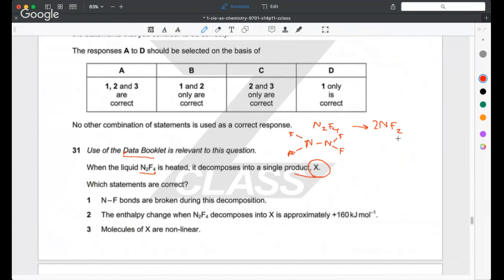There's only one thing being formed there. If you look at that, the bond that's being broken is the bond between the 2 nitrogen atoms. So are any nitrogen-fluorine bonds broken? No, they're not. So that isn't correct at all.